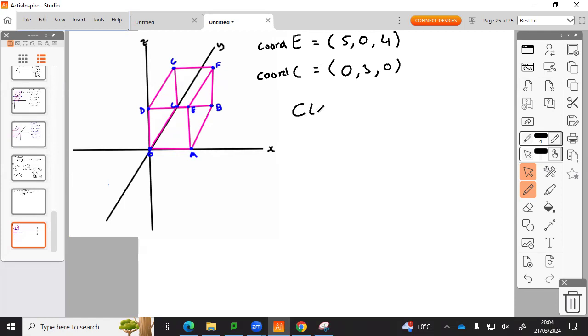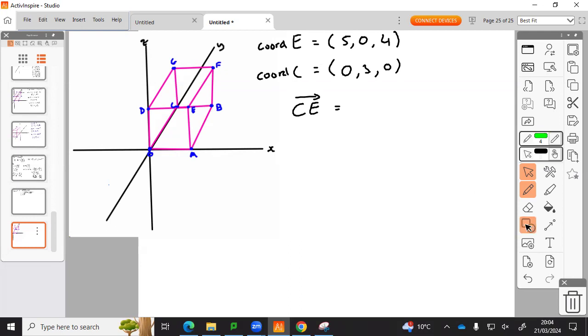I want to know the distance between C and E. Now remember, I can describe each of those coordinates as a distance away from the origin. All right, that's essentially what I'm saying there. So my pathway, like we did in the 2D shape, can be described as well.